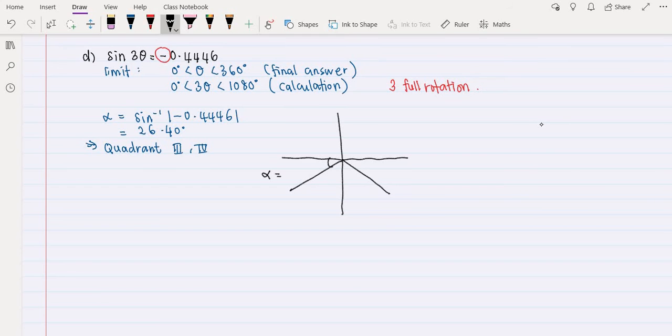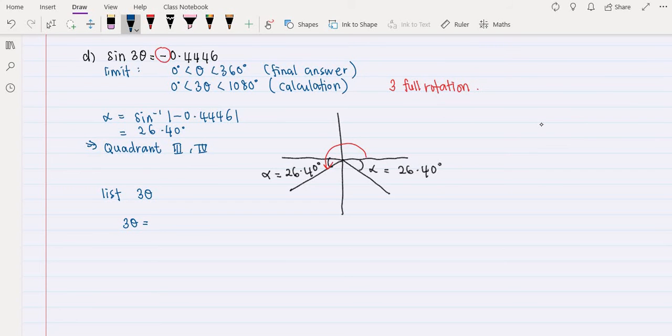So here alpha is 26.40, and the fourth quadrant alpha is also 26.40 degrees. So now the last step is to list. First we list 3 theta. Okay, so we will have 3 theta is actually equal to, for the first rotation, we are going to have from 0 to the first angle in the third quadrant.